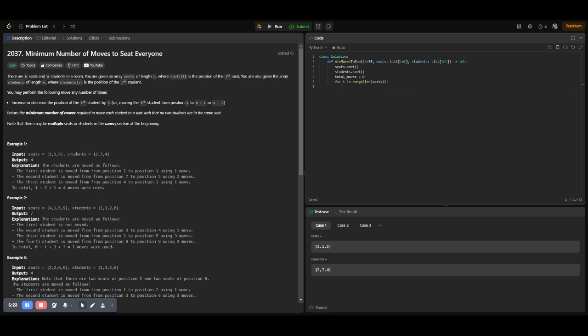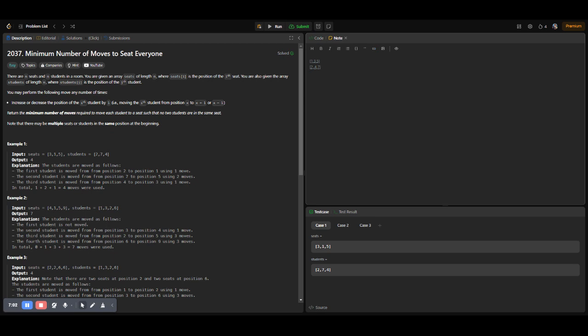See what I want to do. After sorting the seats, means after sorting the chairs, we have chairs at 1, 3, and 5, and students sitting at 2, 4, and 7.